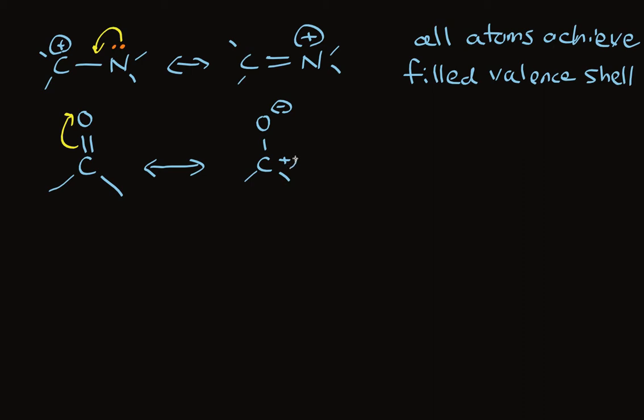Now this violates a rule for writing resonance structures that suggests you should not create positive charge when you're writing resonance structures. This does. This suggests to us, and it's absolutely true, that this resonance structure where we create a positive charge is not a strong contributor to the hybrid.